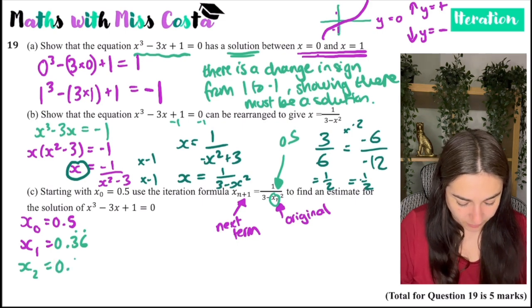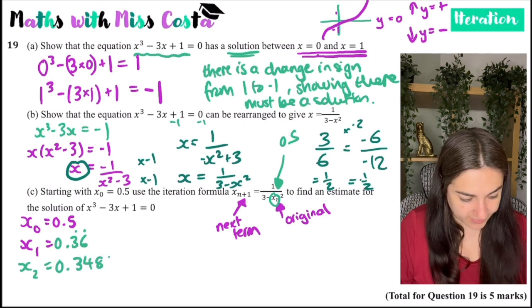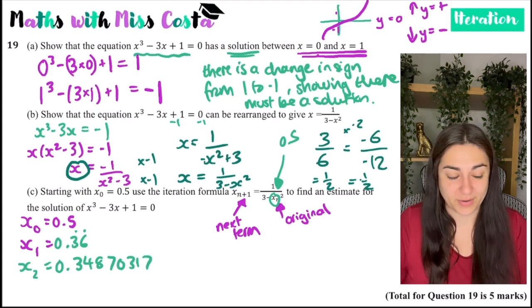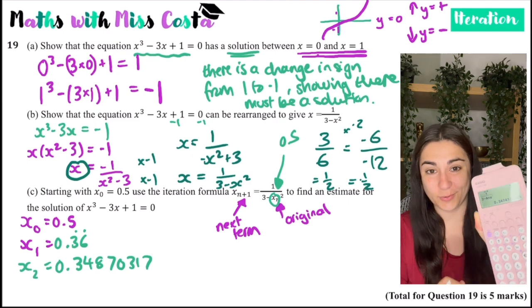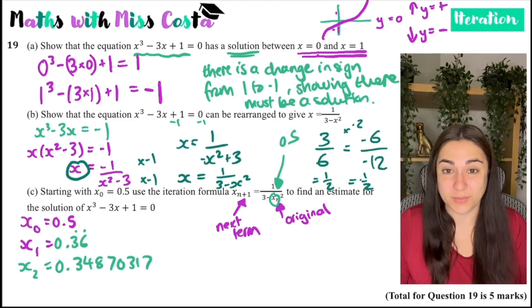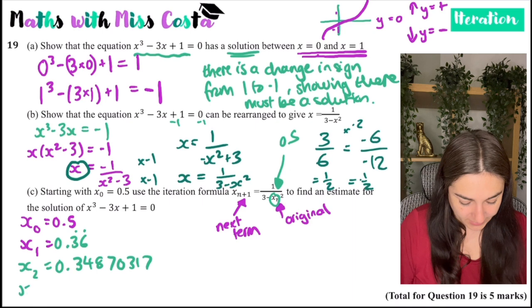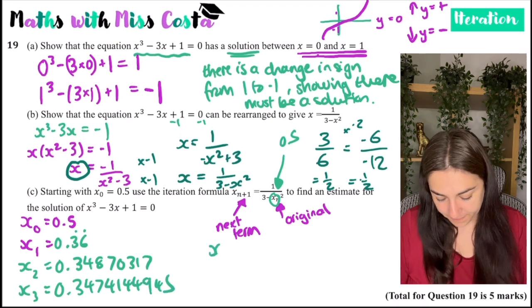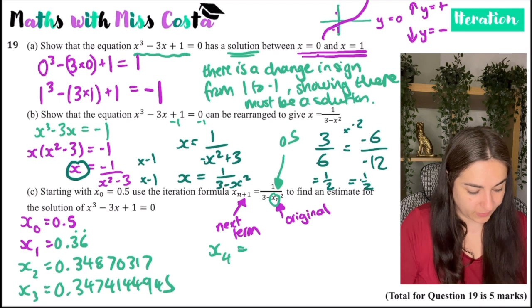So that would be 0.34870,317. And now, because I've done it 3 times, if I just press equals, it automatically works out the next term for me. So x3 would be 0.3474144,945.